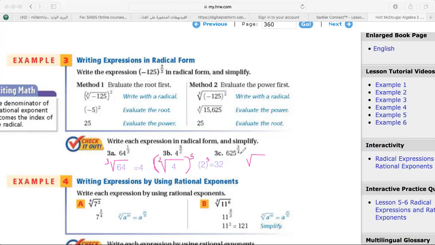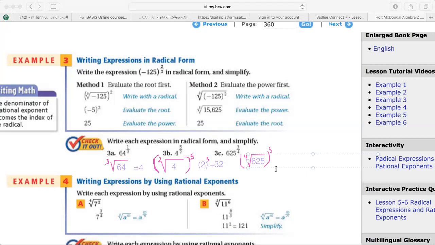Okay, so the denominator is 4, so the index will be 4, and all of the term to the power 3, and the radicand is 625. Which number, when I multiply it by itself 4 times, gives 625?